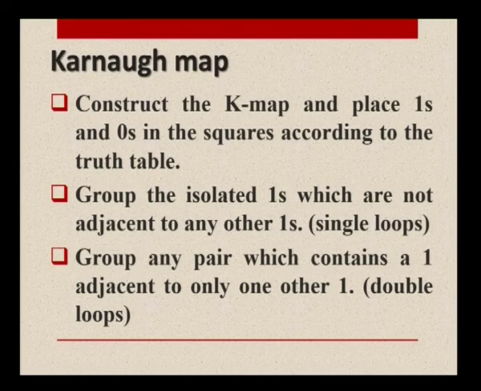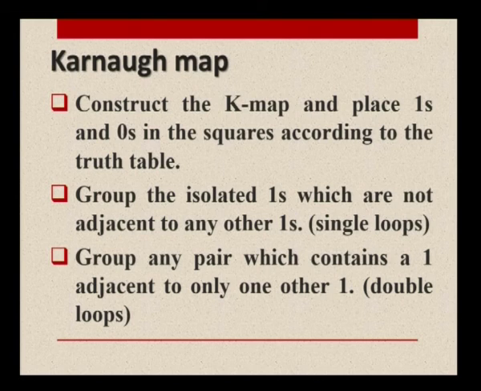So, let us see what is a typical Karnaugh map for 2 variable, 3 variable and 4 variable expressions. We need to construct the Karnaugh map and place ones and zeros in the squares according to the truth table.